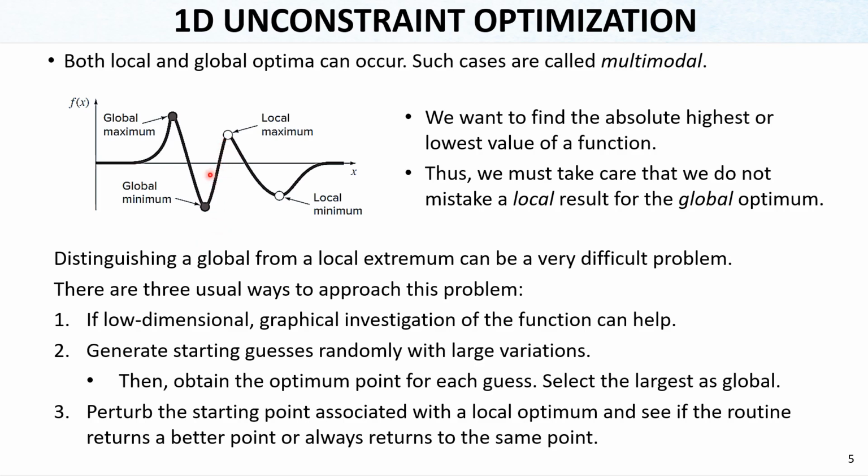So we will perturb the value a little bit. Then we will see if it goes to this point again or goes to another value. Maybe it goes to here and finds another maximum which is higher than this. Then we will say, okay, actually this was a local maximum. So these are the 3 options that we can use to find the maximum or minimum as the global ones.